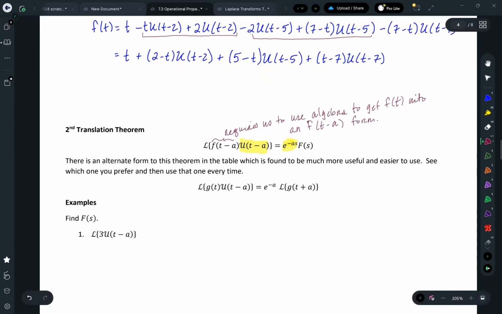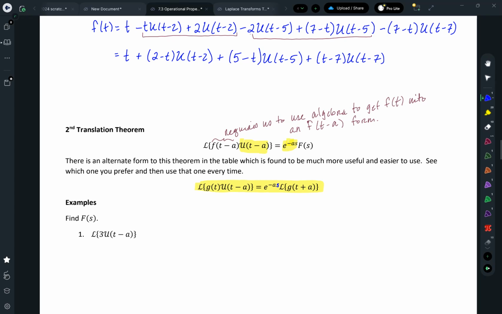I always use L of g of t, where g of t is just like your f of t. In other words, a function of t with no shift in it. So the Laplace of g of t times a u of t minus a is going to give us an exponential e to the minus as on the outside.